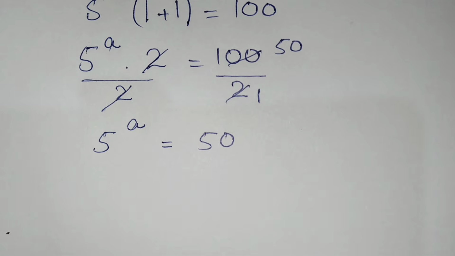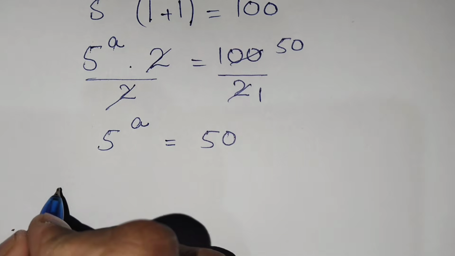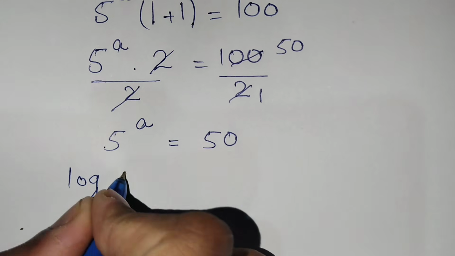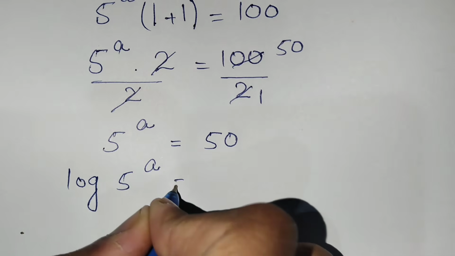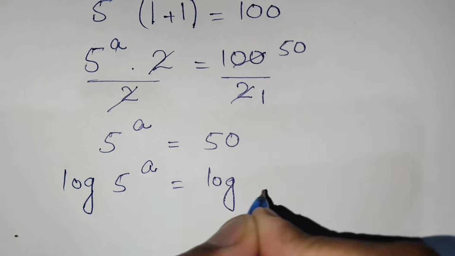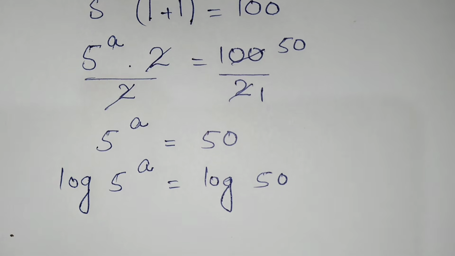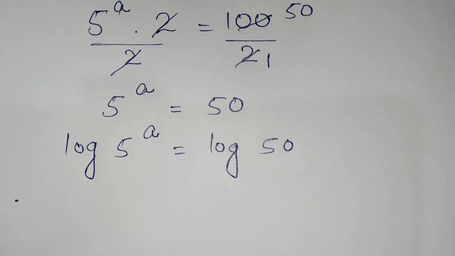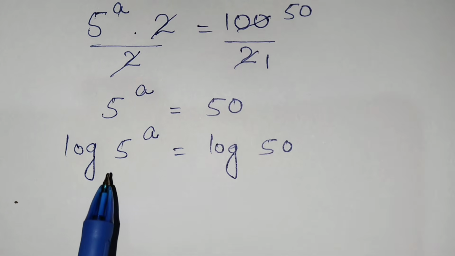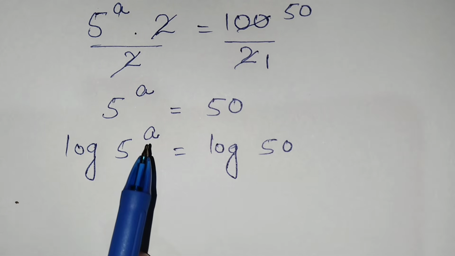Now in order to find the value of a, we will take log: log of 5^a is equal to log of 50. We have taken log on both sides of the equation. Now we will use the power rule of log.